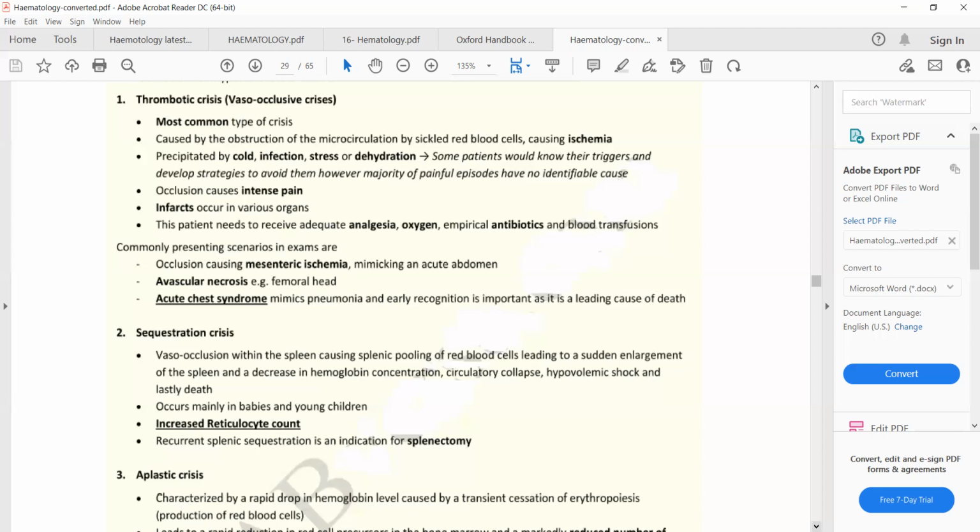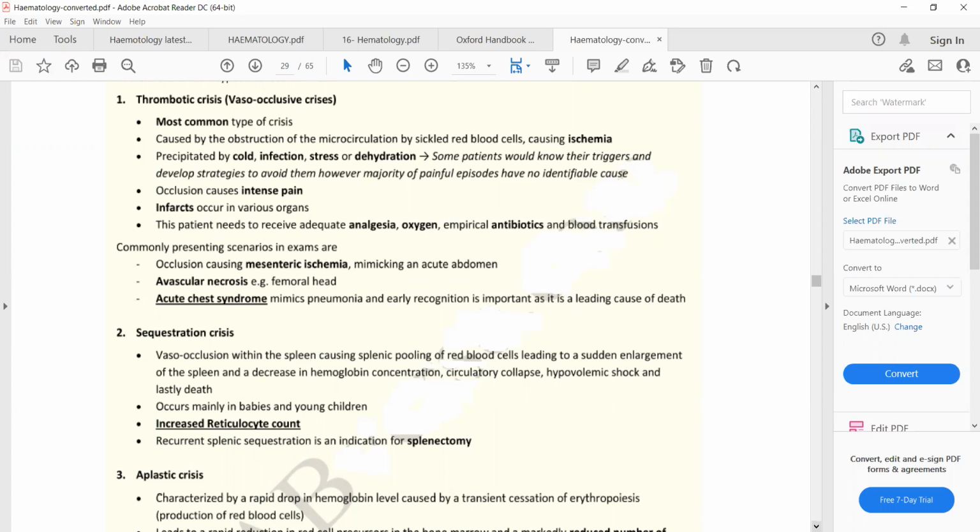Now, the second type of crisis that a patient with sickle cell disease can develop is sequestration crisis. What will happen if the sickle-shaped RBCs block the blood vessels of the spleen? Due to blockage of the blood vessels of the spleen, blood is sequestered in the spleen, or there is pooling of red blood cells in the spleen that leads to enlargement of the spleen.